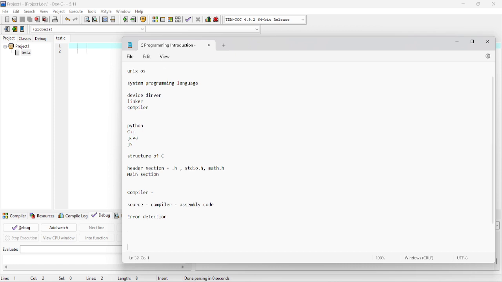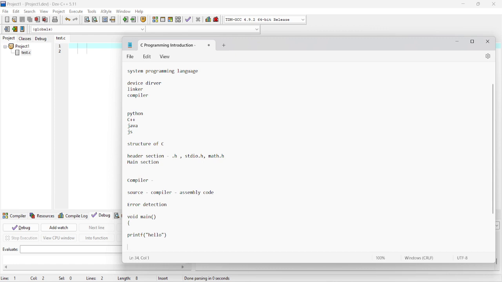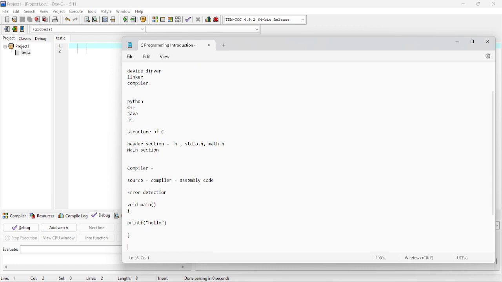For error detection, let me write a small code here. This is our source code. Here there is a syntax error. The user has forgotten to add a semicolon at the end of the printf.